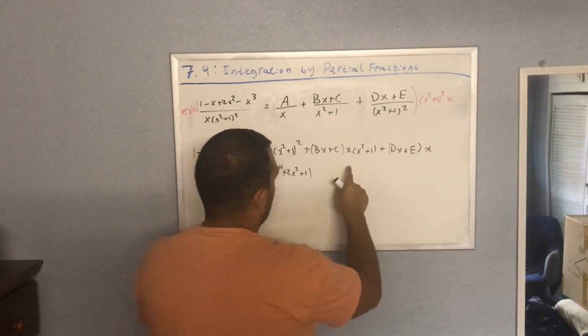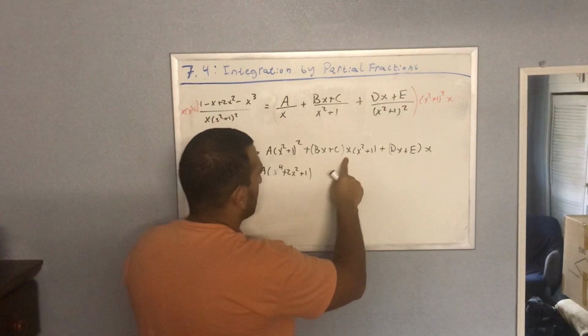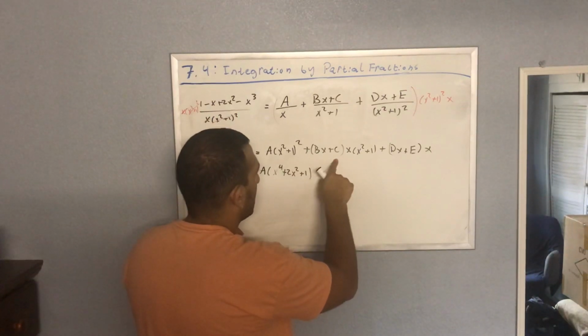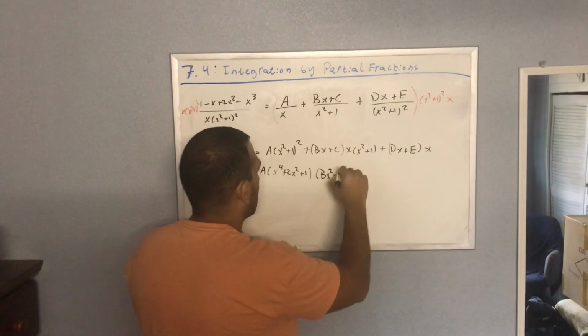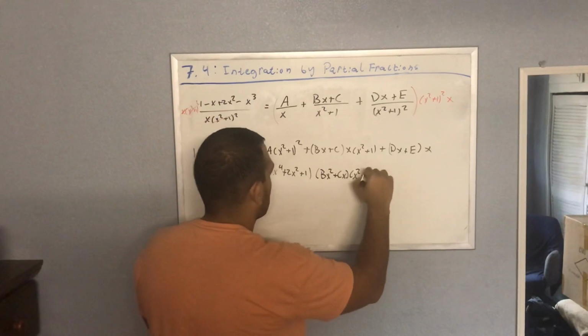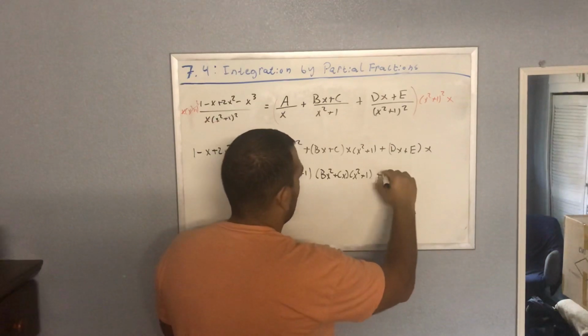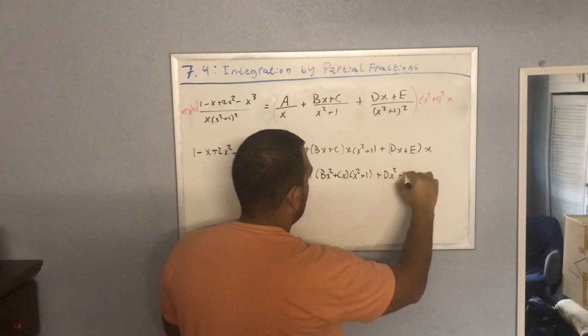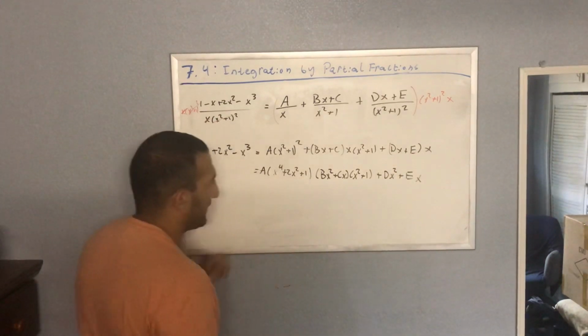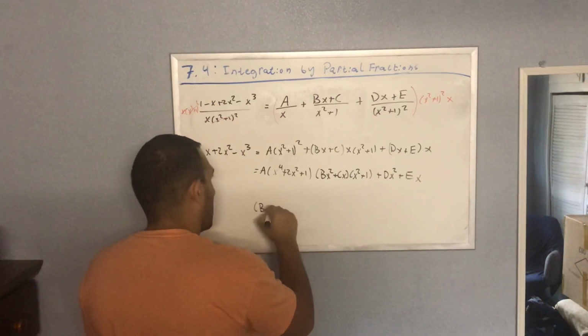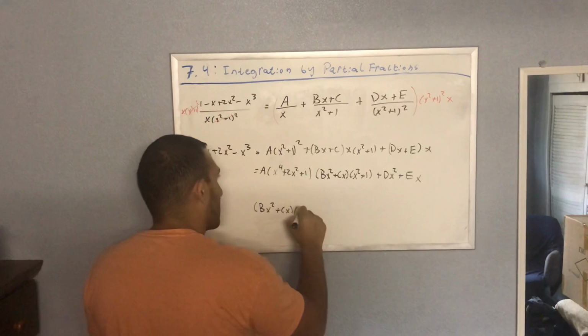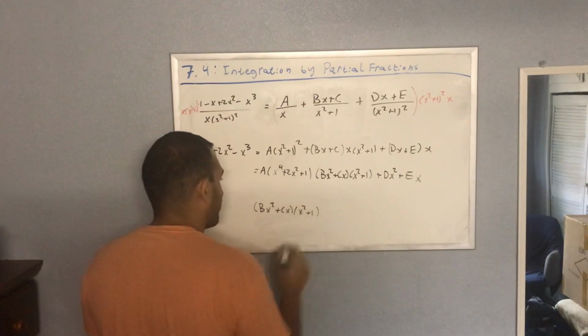And then this x, let's let it hit each of these. So then we get bx squared plus cx times x squared plus 1. And then plus a dx squared plus ex when the x hits that. And now let's do this on the side. So bx squared plus cx times this guy.